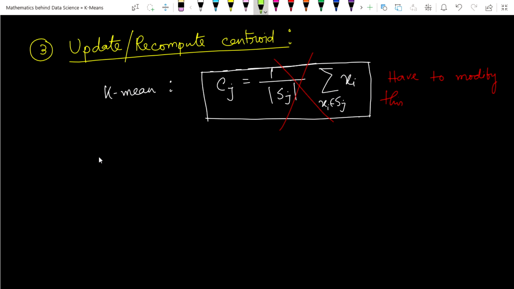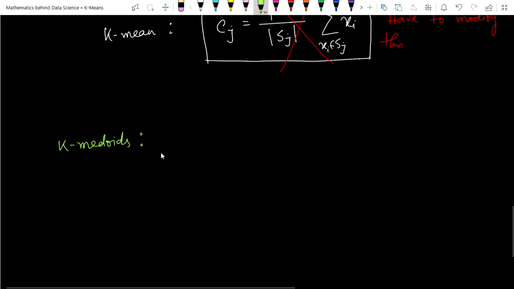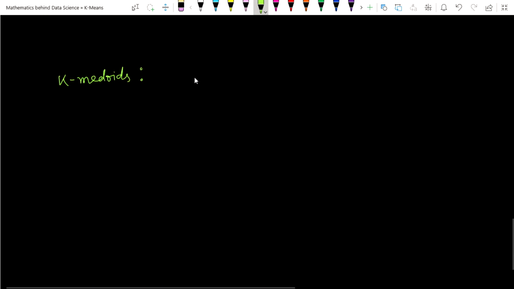Instead of K-means, here we will use the concept of K-Medoids. Let's try to understand K-Medoids step by step.